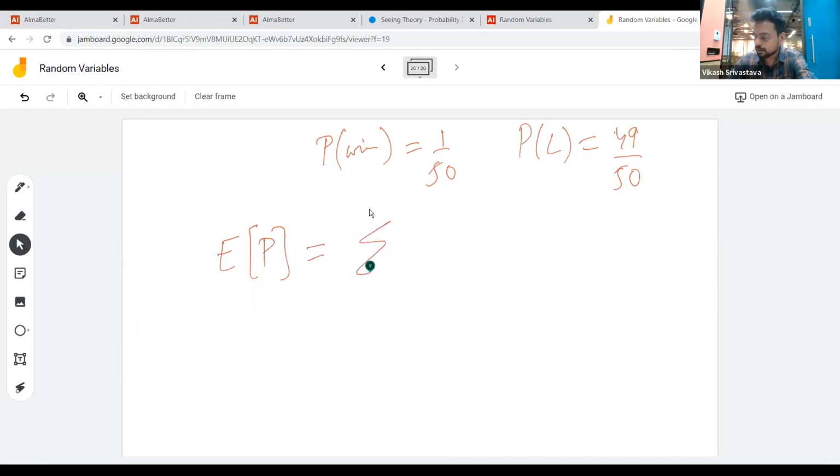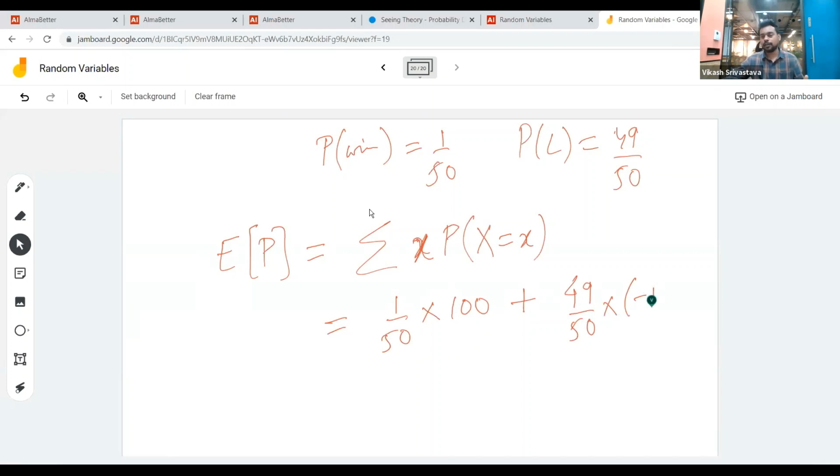So x into probability of x, summed. In this case, if I'm winning, my probability is 1 by 50, and what is the profit I get when I win? 100. And then what is the probability of losing? That is 49 by 50. And what is the profit I am making when I'm losing? Minus 10, because I bought the lottery but I did not win, so I wasted my 10 rupees.